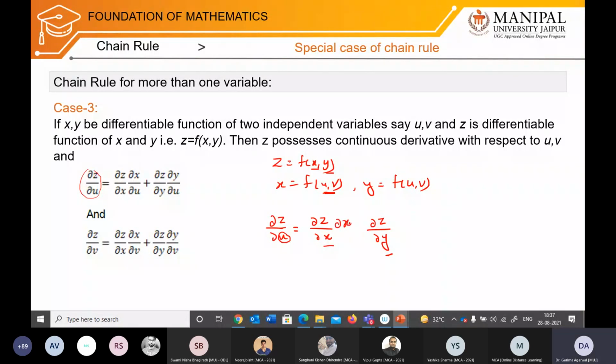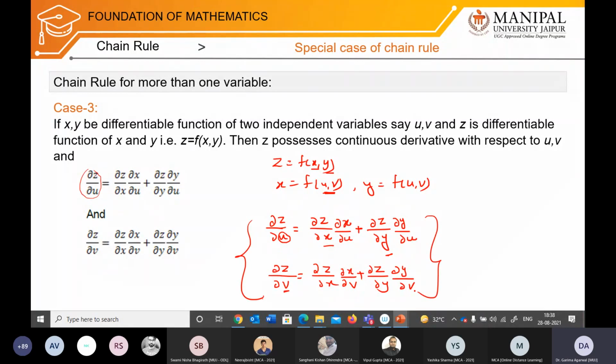That means del x by del u plus, similarly, del y by del u. If I need to find del z by del v, again z is a function of x and y. Then x is a function of u and v, but I am interested in v. So these are two formulas, right?